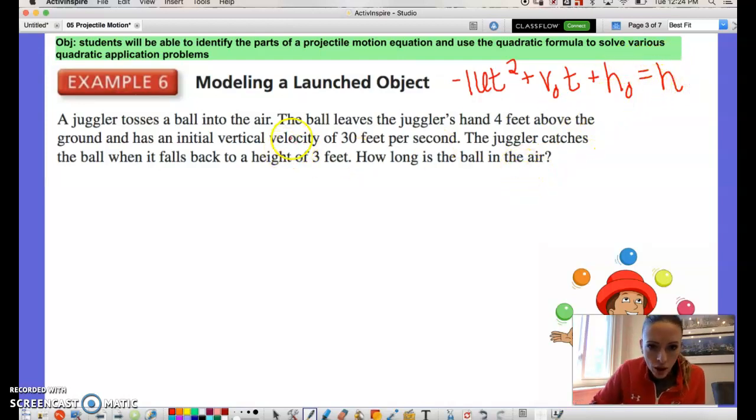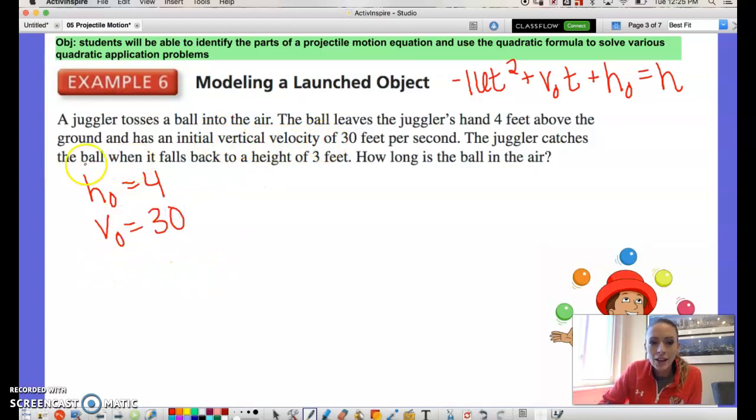The ball leaves the juggler's hand, so the initial height is 4. The vertical velocity is v naught, and that's 30. And he catches the ball when it falls back to a height of 3. So that's the ending height, and that's 3.